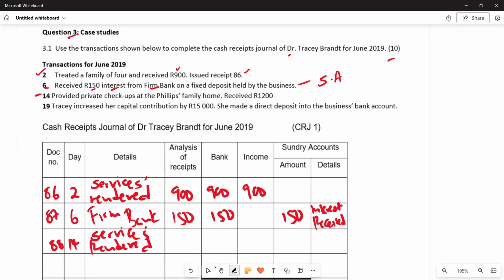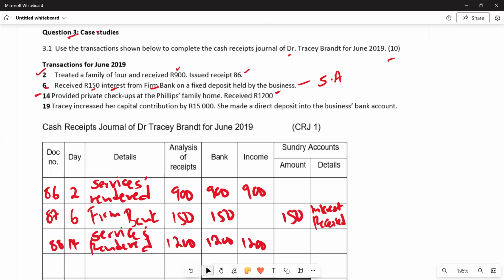The amount is 1,200, and it's part of our bank. So it comes under income because it's part of the core activity of the doctor. We say 1,200, and we don't put it under a sundry account.